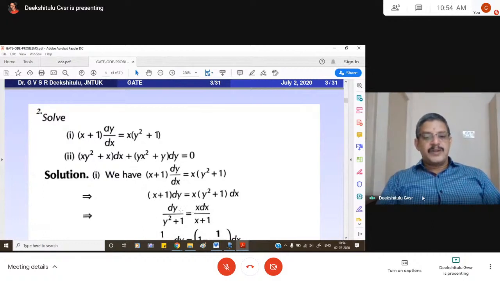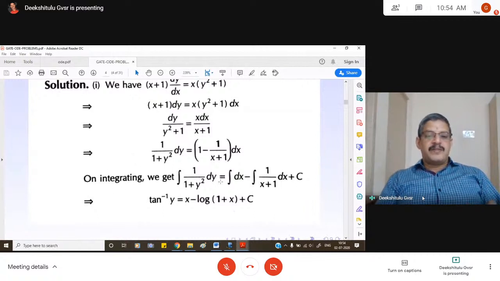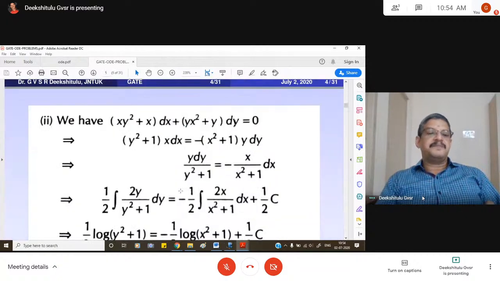So what happens is dy by y square plus 1 is equal to x dx by x plus 1. So on integrating, 1 by 1 plus y square dy is equal to 1 minus 1 by x plus 1 dx. So the integral of 1 by 1 plus y square is tan inverse y, which is equal to x minus log of 1 plus x plus c.